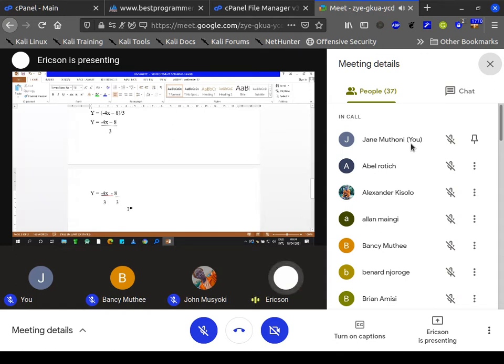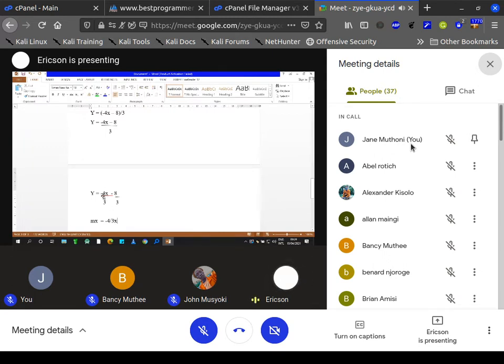So the m, because you have said the mx, it should be lowercase, the mx is negative 4 over 3x.